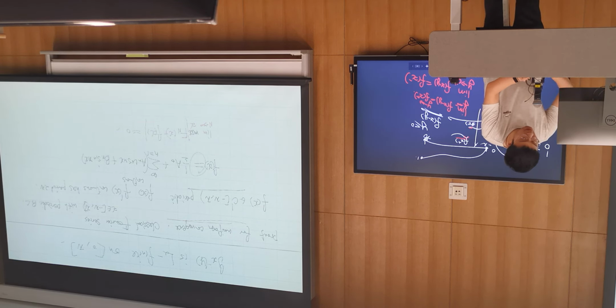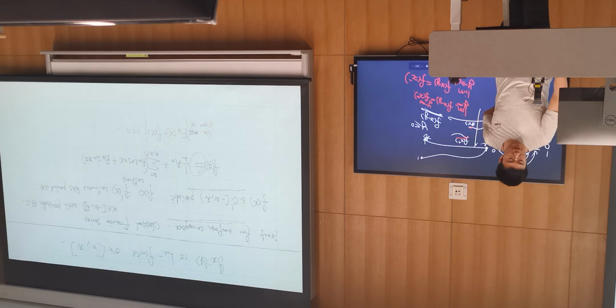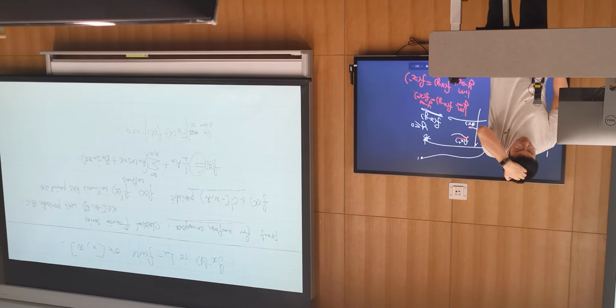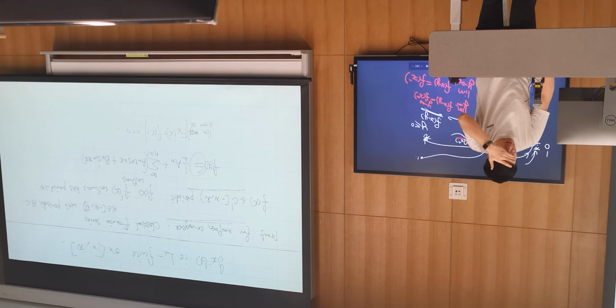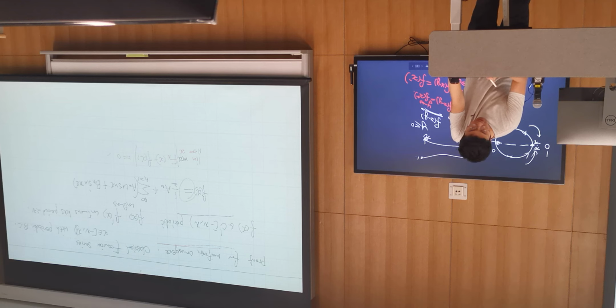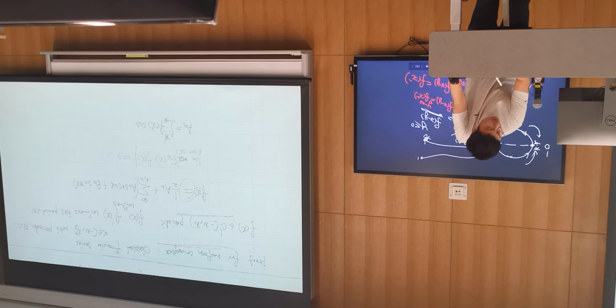Now, what do we have? Let's see how we compute a_n. a_n is the integral from negative pi to pi of f(x) cosine nx dx over pi.